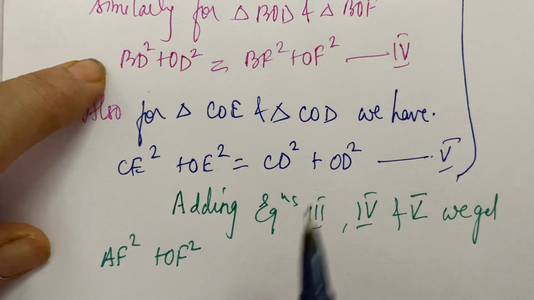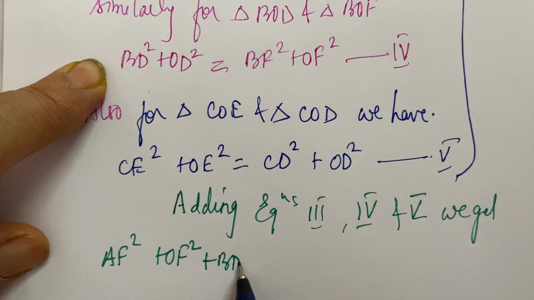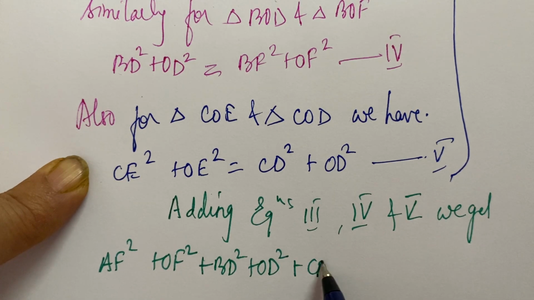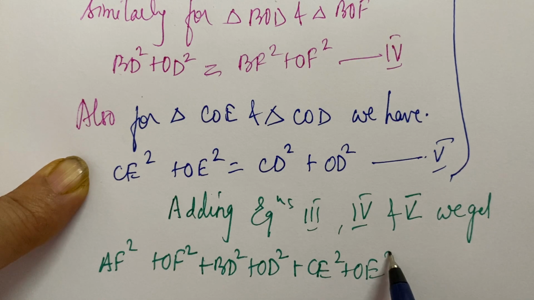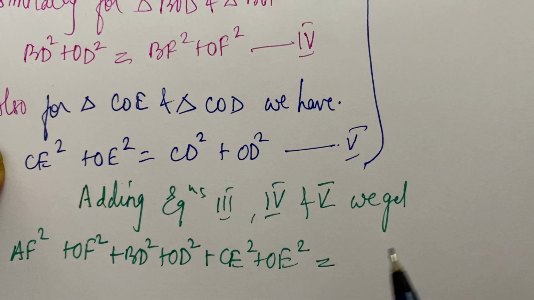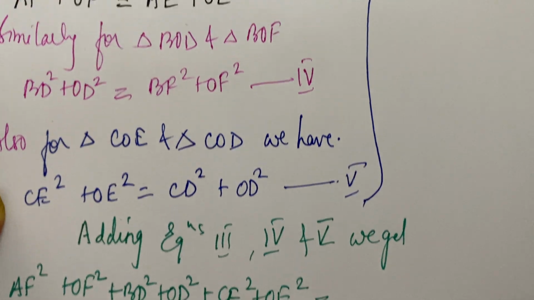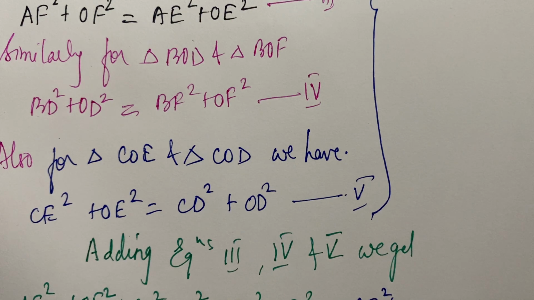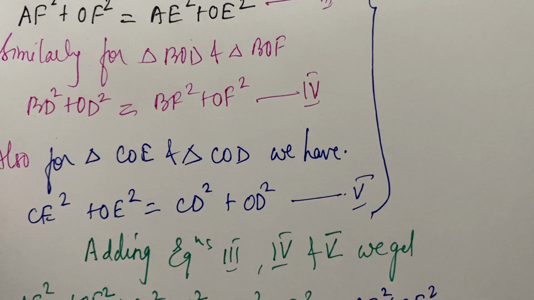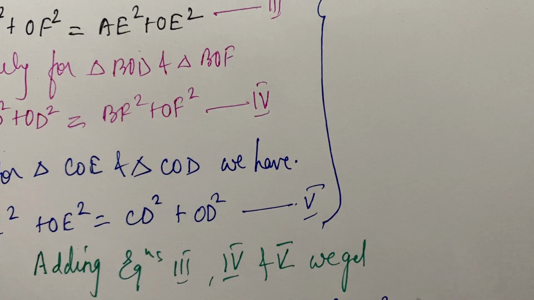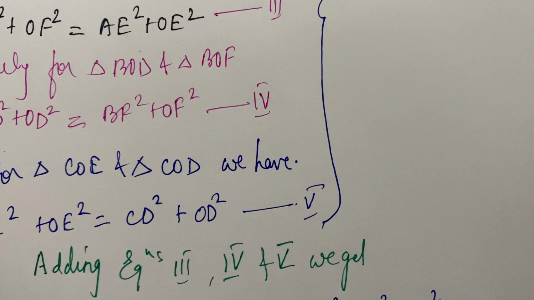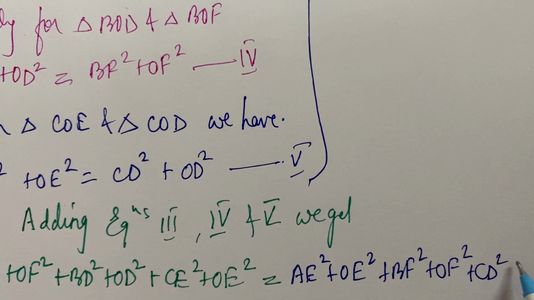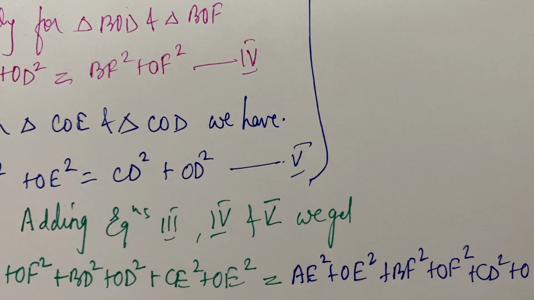The next thing you want is BD square plus OD square, and the third one is CE square plus OE square. This is equal to, now this is equal to what? This is equal to your AE square plus OE square. Okay, then BF square plus OF square, and the last one is CD square plus OD square.